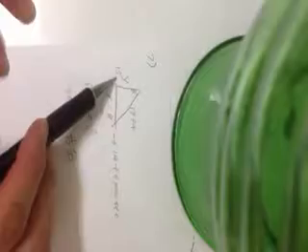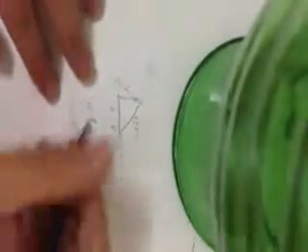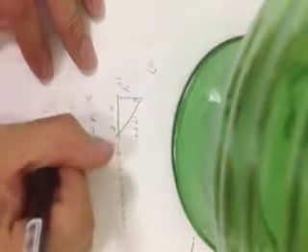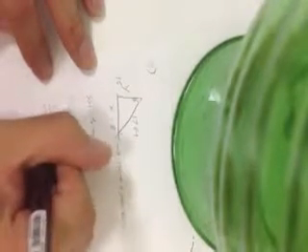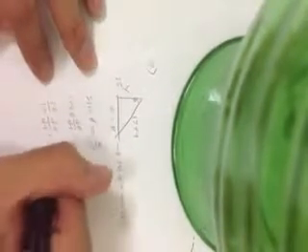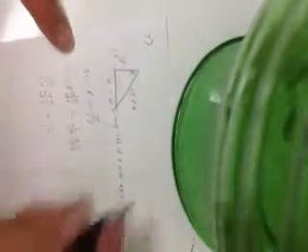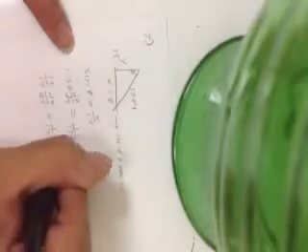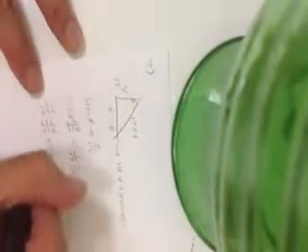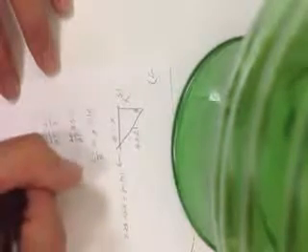And we can see that cosine theta is the same as 15 over 17 since it's adjacent over hypotenuse. So 15 over 17 d theta dt equals 1 over 17 times dx dt, which we already know is 14, so 14 over 17 equals d theta dt times 15 over 17.